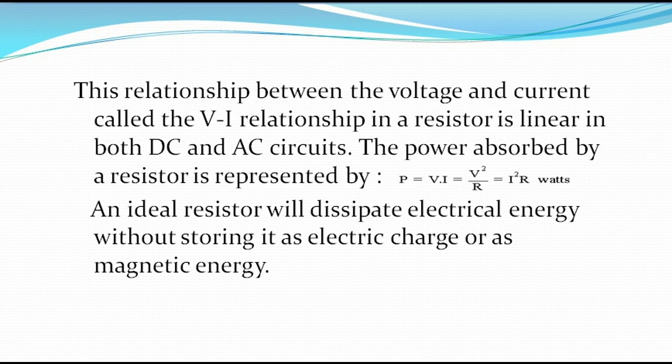The end product is current squared multiplied by resistance, and the unit of power is watts. An ideal resistor will dissipate electrical energy without storing it as electric charge or as magnetic field. That is in terms of an ideal resistor.